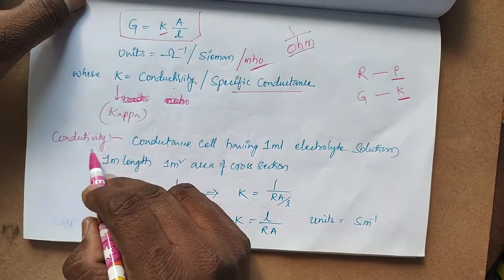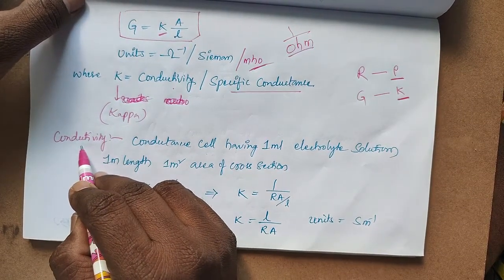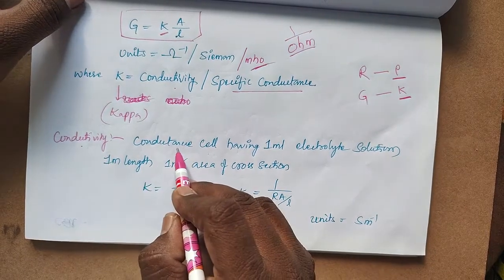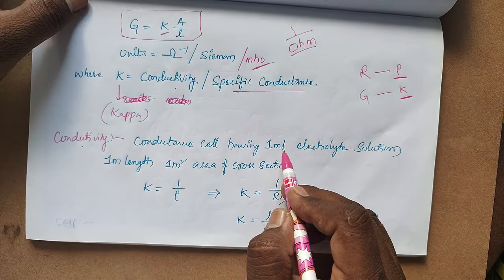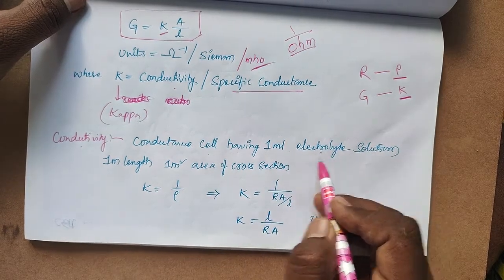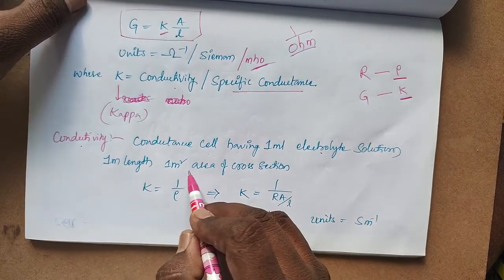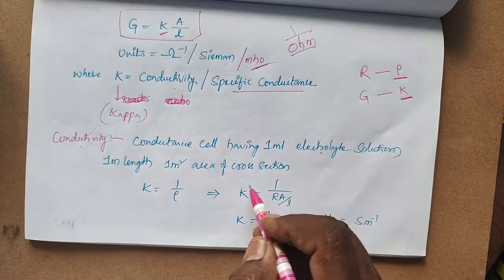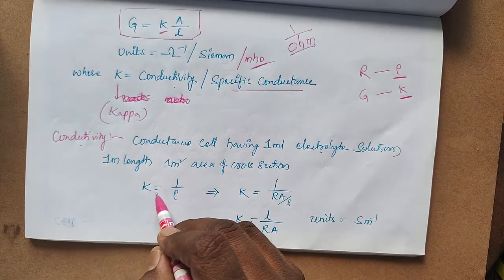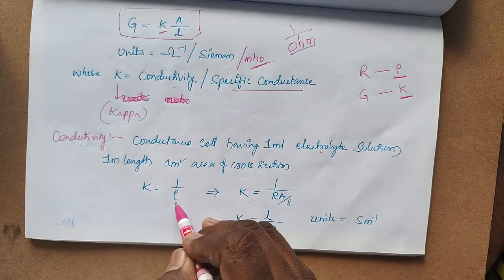Now we are going to discuss conductivity or specific conductance. A conductance cell having 1 ml electrolyte solution, 1 meter length and 1 meter square area of cross section has the conductivity. So K equal to 1 by rho.